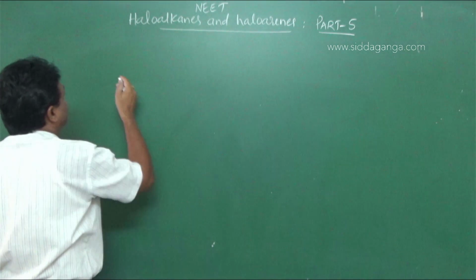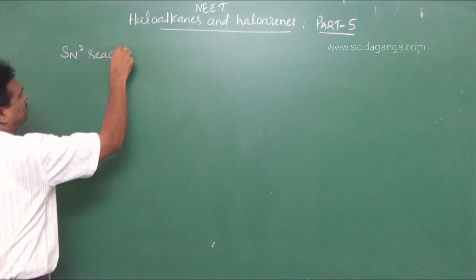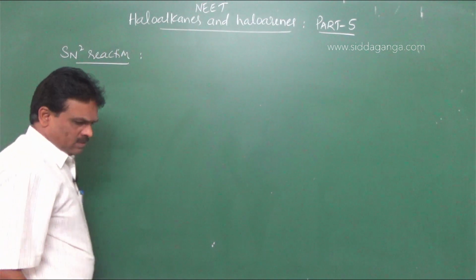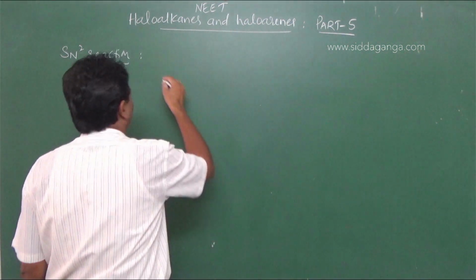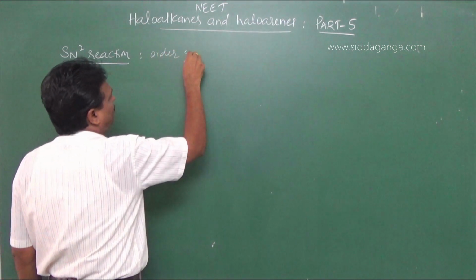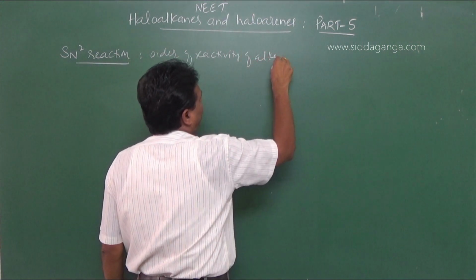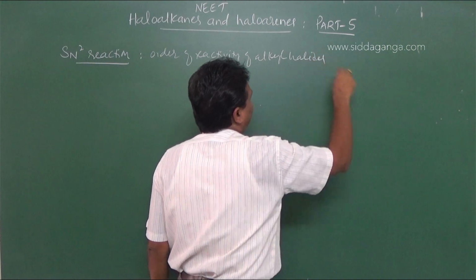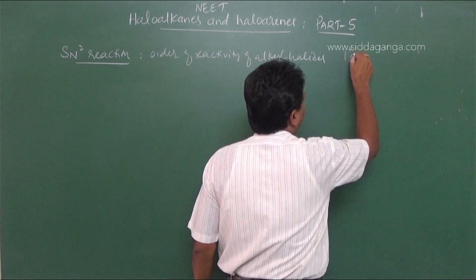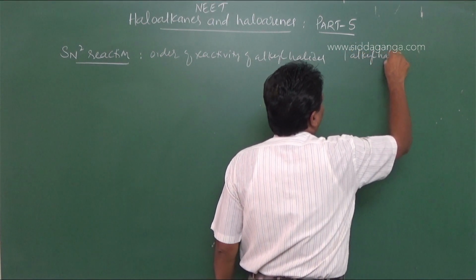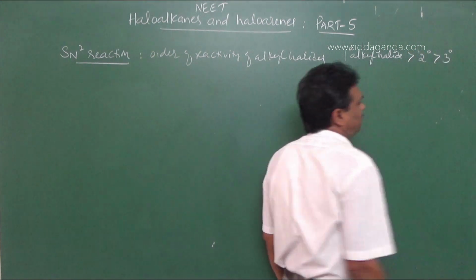Next, in the SN2 reaction, the order of reactivity of alkyl halides towards the SN2 reaction is: 1-degree alkyl halide is more reactive than 2-degree, which is more reactive than 3-degree.